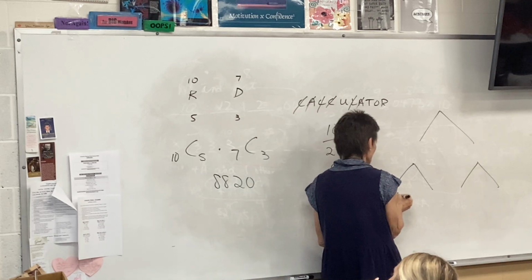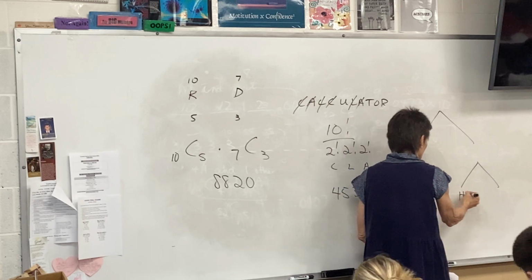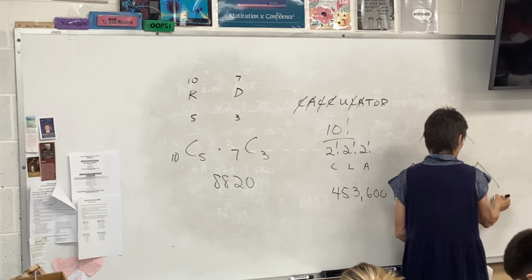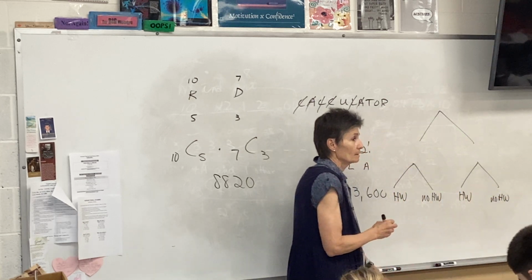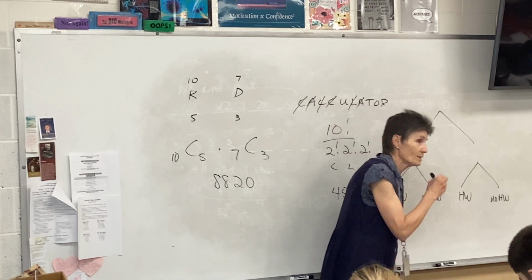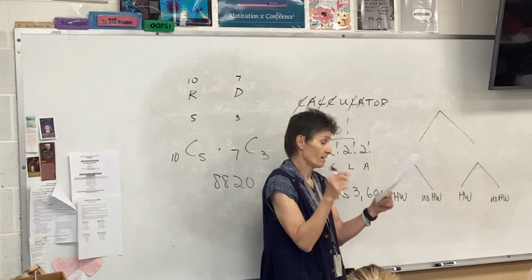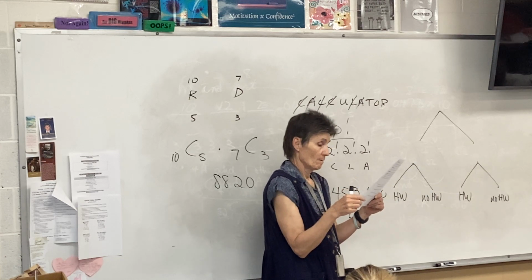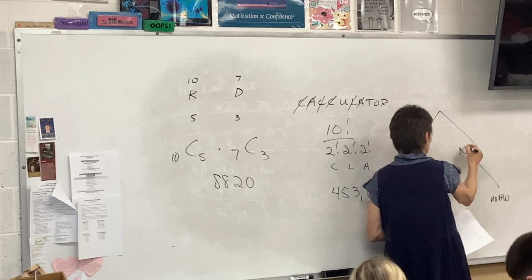So the bottom is going to be homework, no homework, homework, no homework, because whatever the question is, that's what goes on the bottom of your tree diagram. Then we have rain and no rain.